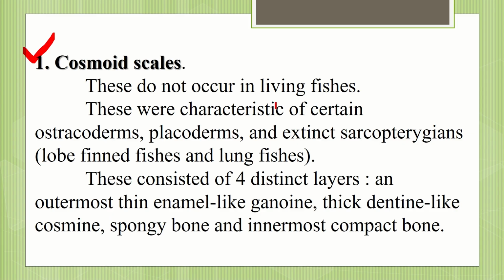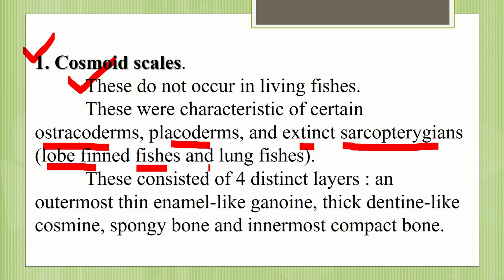Cosmoid scales do not occur in living fishes. These were characteristic of certain ostracoderms, placoderms, and extinct sarcopterygians, which are the lobed fin fishes and lungfishes.